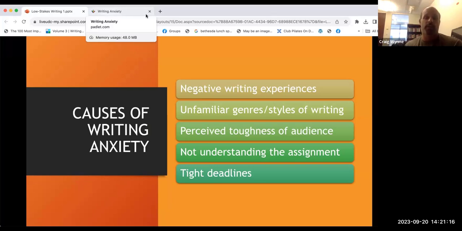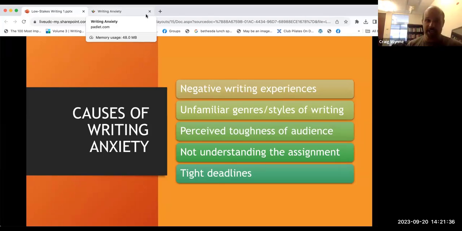Particularly with first year students as well. If students are new to college, a lot of times they can be a little intimidated by us professors. So they might perceive us as being tough and demanding. So that can cause students to freeze up.